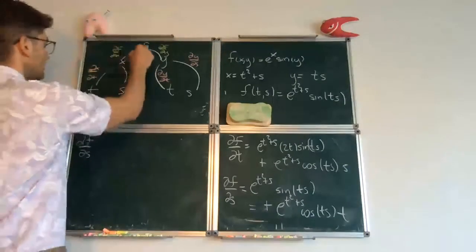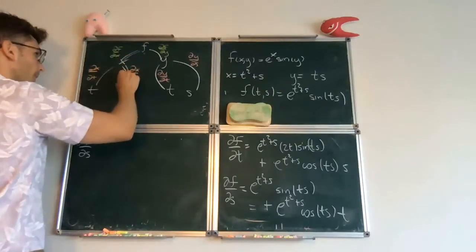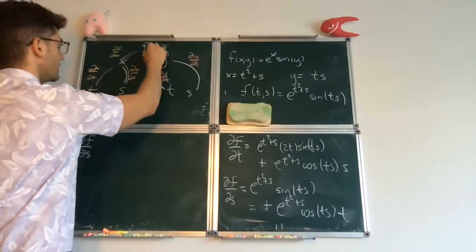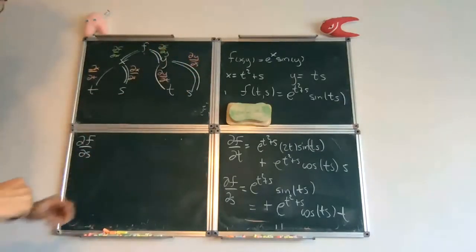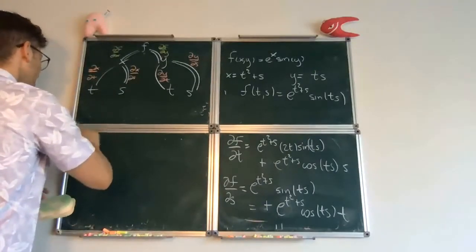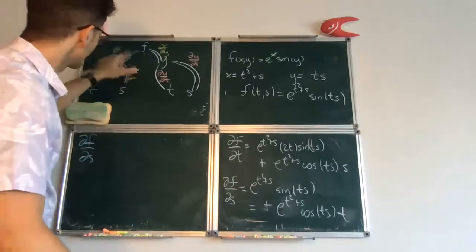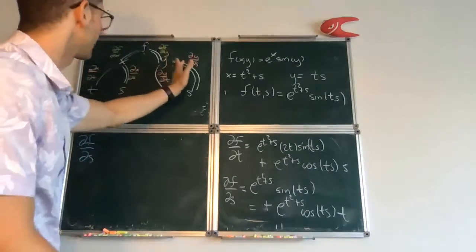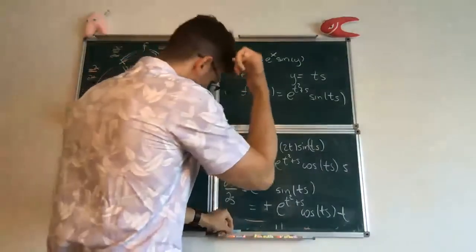So one possibility is to go this way and then this way, or you could go this way and then this way. Okay, and so in essence, for each possible path, when you lower levels, you multiply, and when you switch to another branch, you just add the contributions.